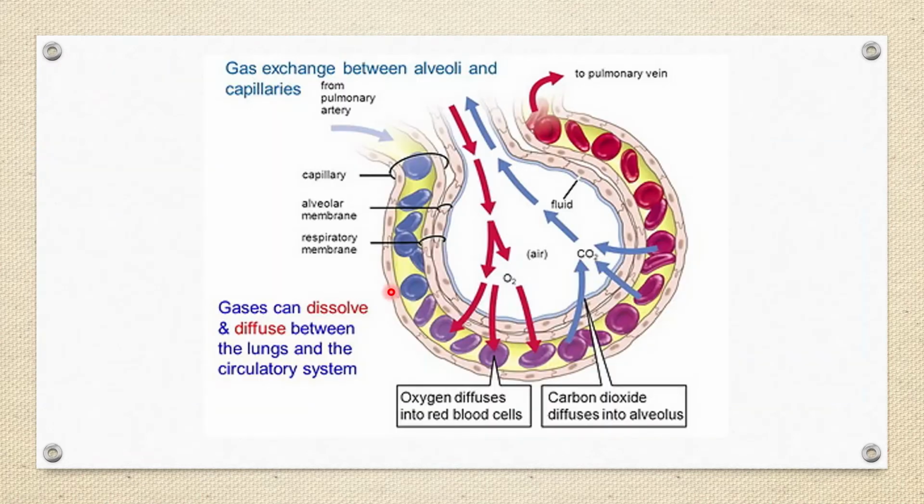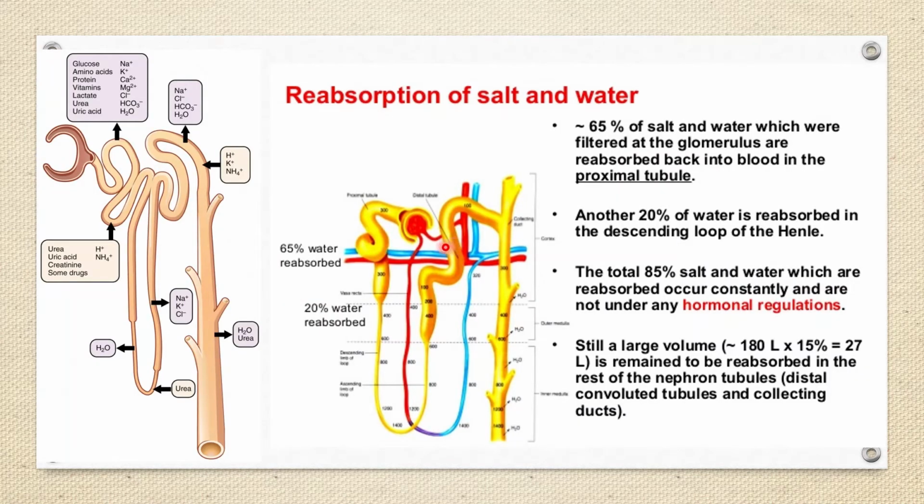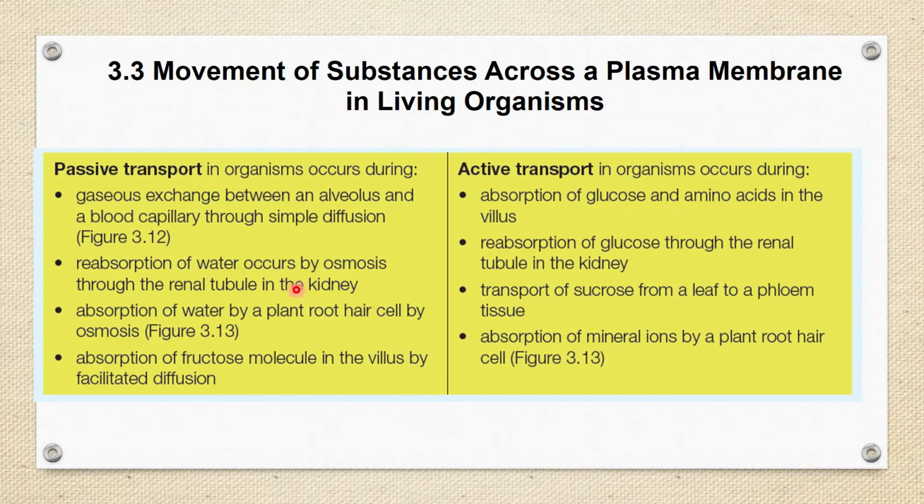So it doesn't require energy, and it is from the high concentration of water particles to a region of lower concentration of water particles. Reabsorb means from the tubule to the surrounding blood capillaries. That means it is being reabsorbed back to our body.